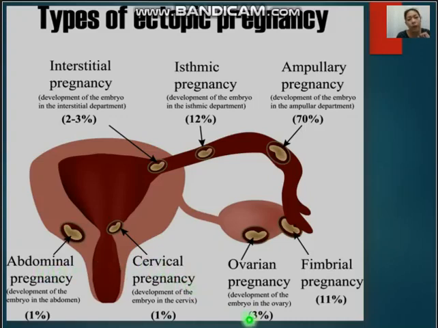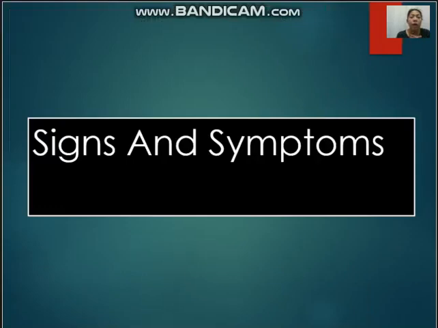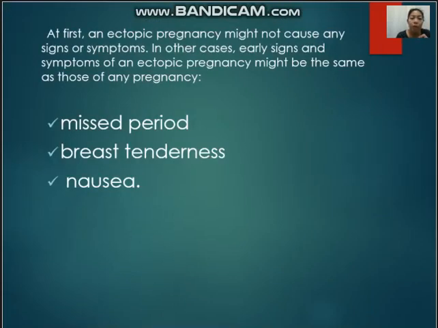Now, how will you know if you are experiencing ectopic pregnancy? Now, here are the signs and symptoms. At first, an ectopic pregnancy might not cause any signs or symptoms.